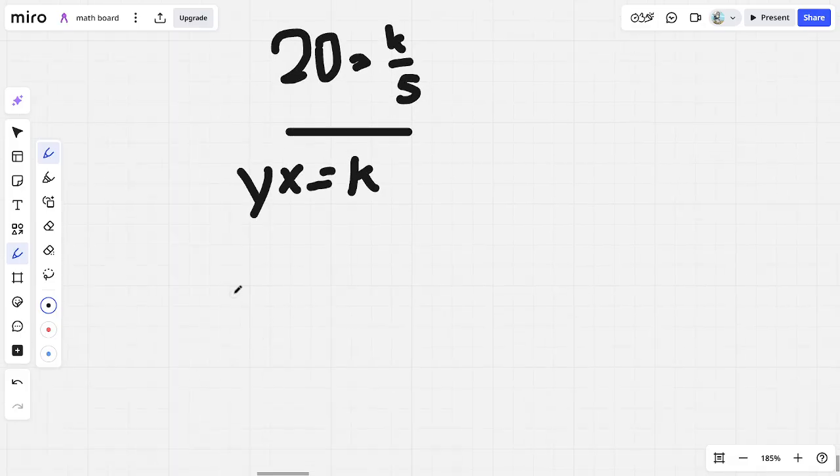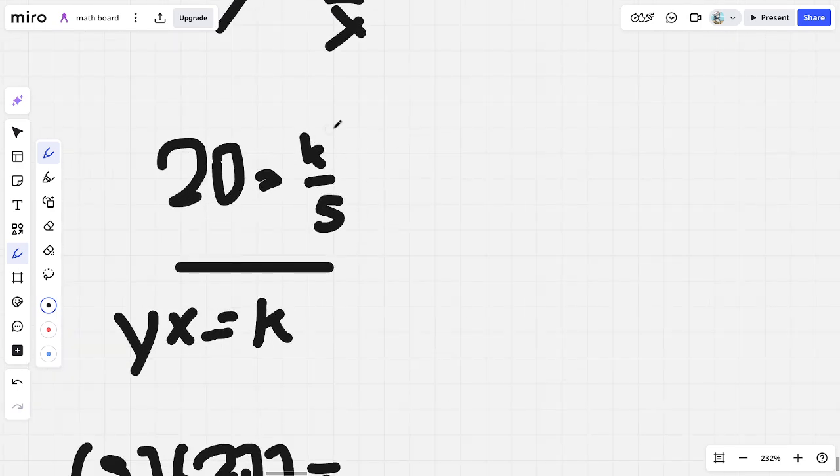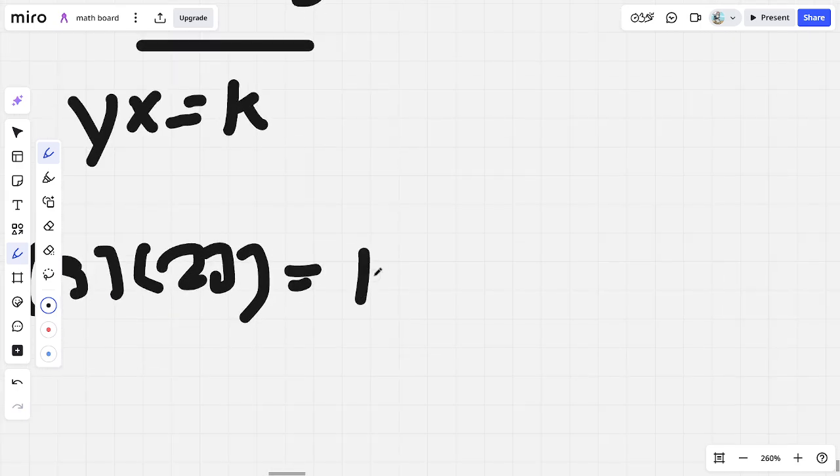So we multiply both sides by 5, so it's going to be 5 times 20 is equal to, since that will cancel out, k, just k. Let me show you. k over 5, if you multiply it by 5, it's going to be 5k over 5, which just cancels out to be k.